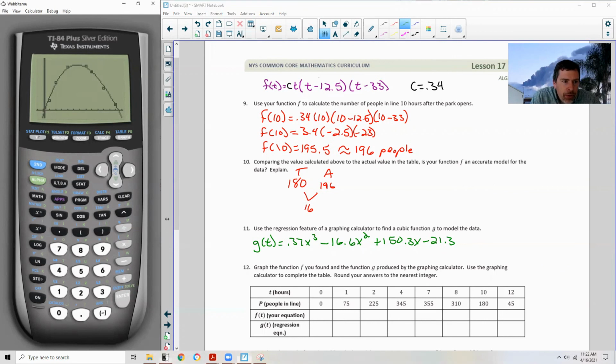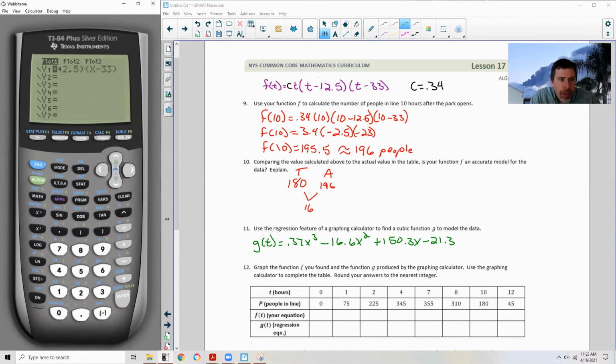So what I'm going to do now, just to save time, I'm going to go to y equals. Where was my equation? Right here. I never put it into standard form, but I will just write it out like this. It is going to be 0.34 x, parentheses x minus 12.5 and x minus 33.